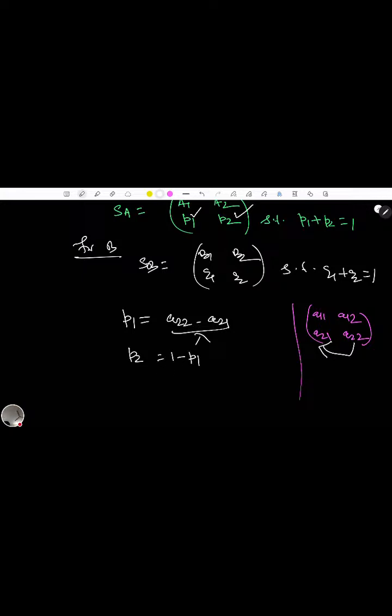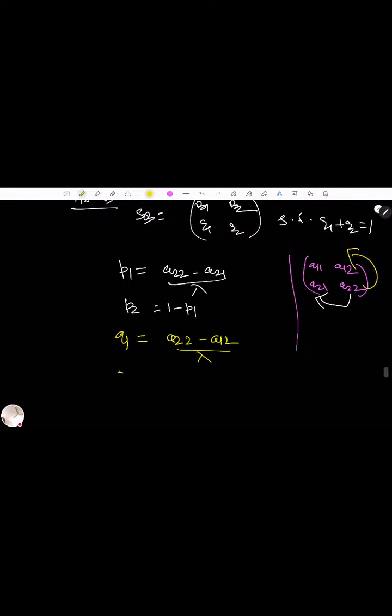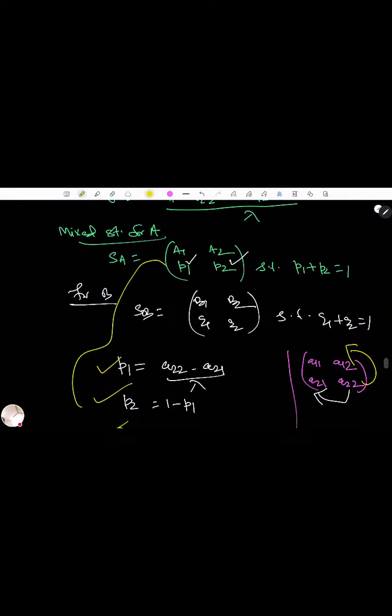Now Q1 will be a22 minus a12 divided by lambda. Once you find this, Q2 will be 1 minus Q1. After getting Q1, Q2, P1, P2, we substitute them, and this will give me the mixed strategy. So let me solve one example.